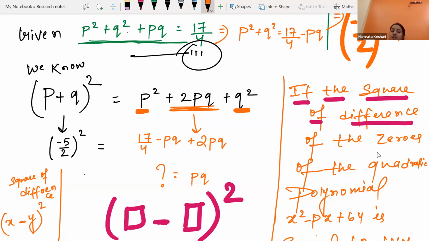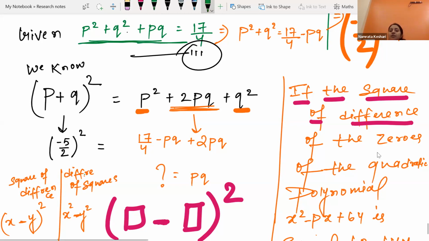Instead, if it is written difference of squares, that means difference is there of squares of two terms. Are you getting it? Okay, so please read carefully what exactly the statement says.